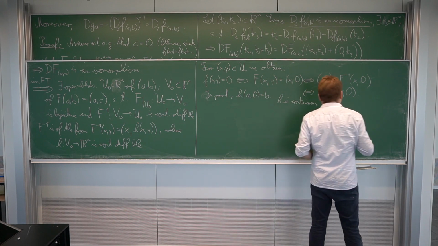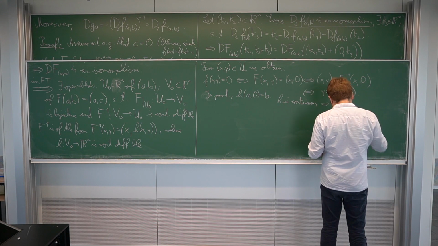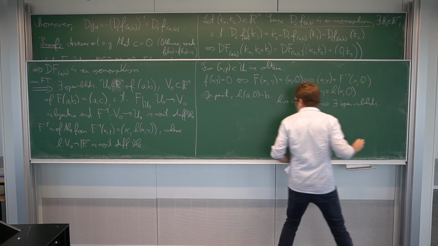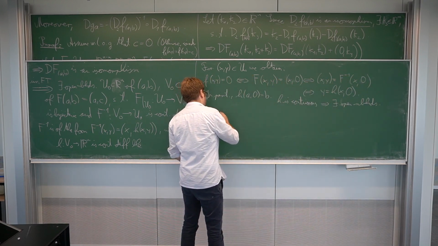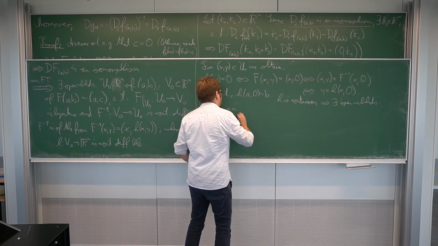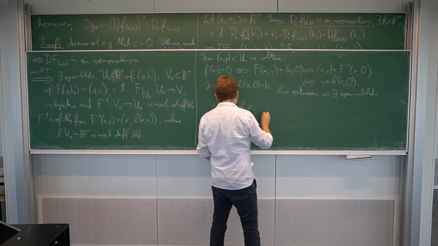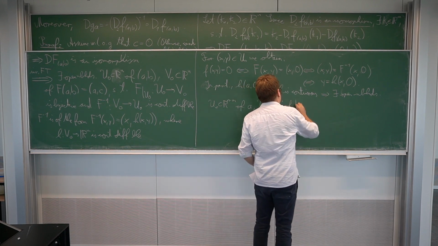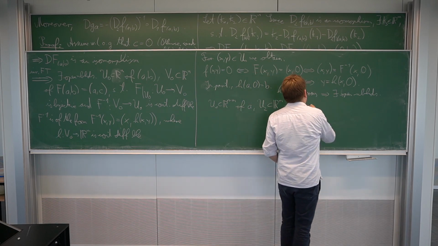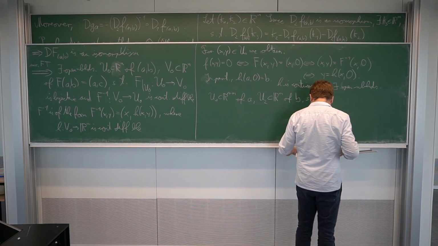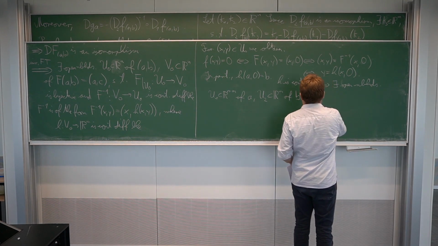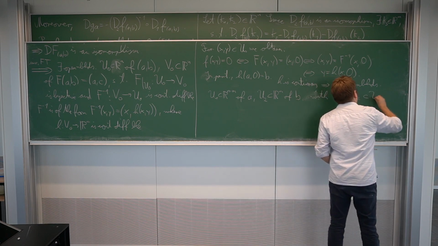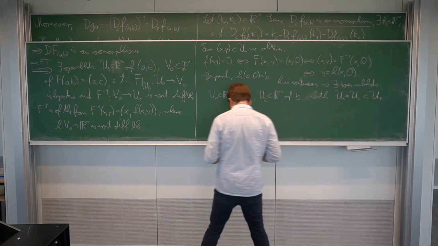From this you can derive, and now we're a bit sloppy, but this is something you can then show, there exist open neighborhoods u1, a subset of Rn minus 1 of a, and u2, a subset of Rm of b, such that, and we take them so small that u1 times u2 is still contained in our set u0 on which we were working here.